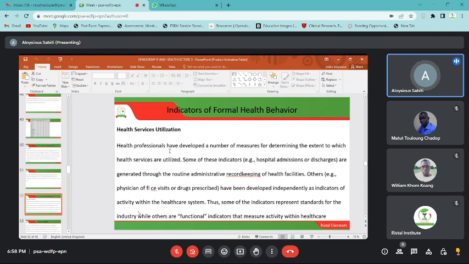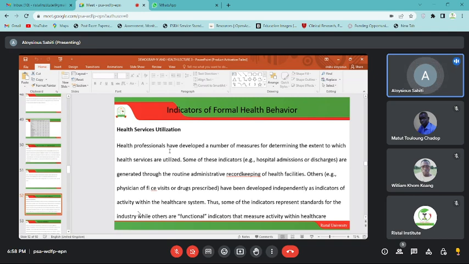I have separated the indicators. There are indicators of the formal health behavior in terms of an individual who is sick or ill, and we want to understand their formal behavior.